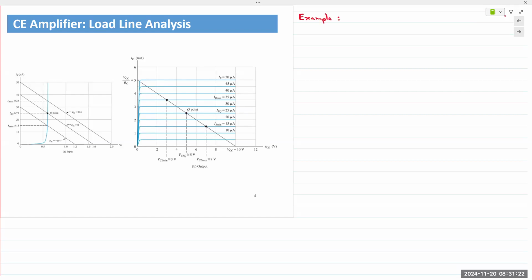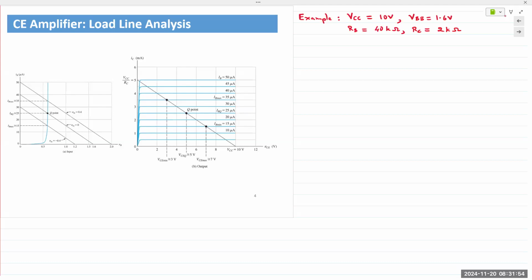VCC is equal to 10 volts. VBB is equal to 1.6 volts. Base resistor RB is 40 kilo ohms, and collector resistor RC is 2 kilo ohms. Now we will generate the exact values based on the load line equations we have from the previous slide.